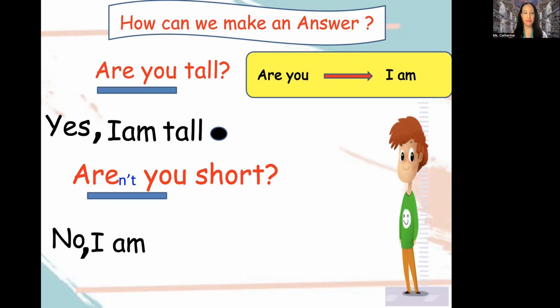I am not short. Okay. Who said the short form of I am not? What did you say? I'm not. All right. Hooray. So how do we spell that? I apostrophe M. I'm not. Yes.